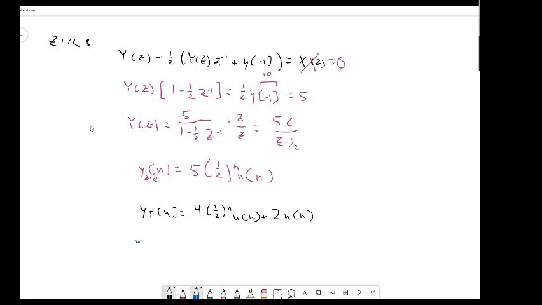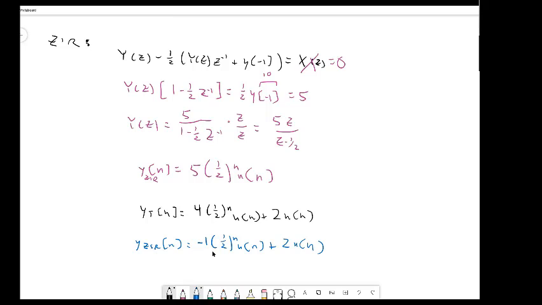So guess what? We know that the zero state response, which should be the difference between those, is minus 1 times 1/2 to the n u of n plus 2 u of n.